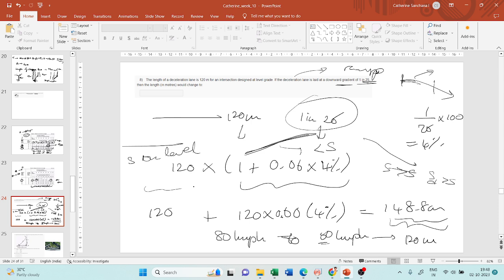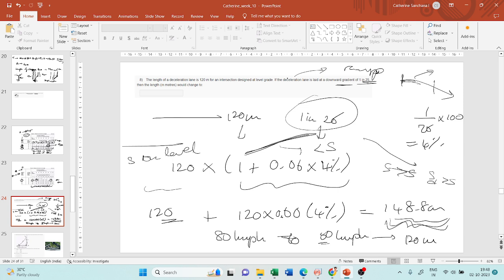because it is a downward gradient, because of the action of gravity, it will be very difficult to bring down your speed from 80 to 50 in this 120 meters, for which you have to increase the length of the deceleration lane.